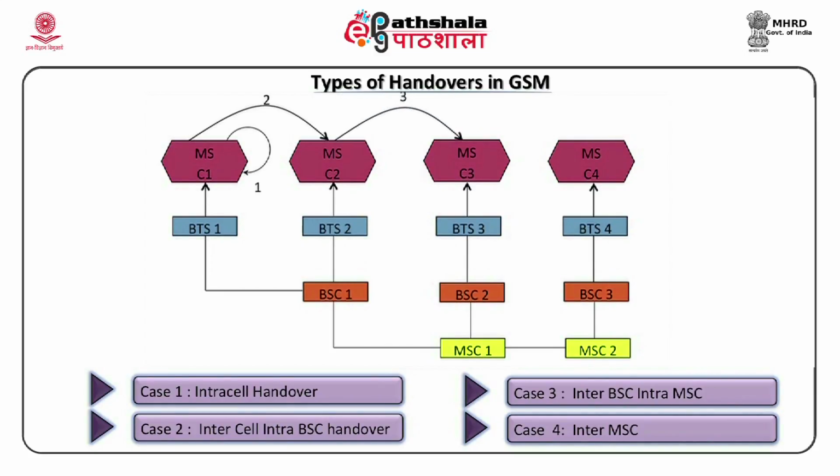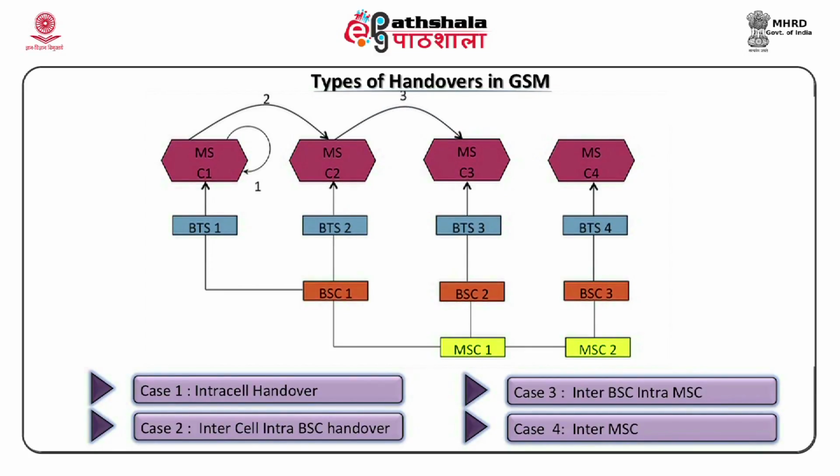In the third scenario, you can see that the mobile device is moving from C2 to C3. So, in this case the two BSCs are different, but both belong to the same MSC, that is MSC 1. So, the handover is from BSC 1 to BSC 2. So, this scenario is known as inter-BSC intra-MSC handover.